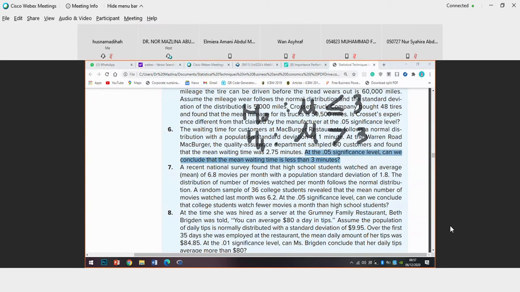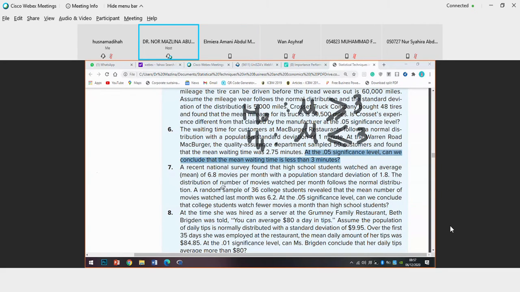Saya doktor. Ya, Elmira. Elmira, macam mana? Apa awak nak bantah? H0 mu lebih atau sama 3. H1 mu kurang. Okey, bagus Elmira. Nanti tambahlah akaun awak RM10.